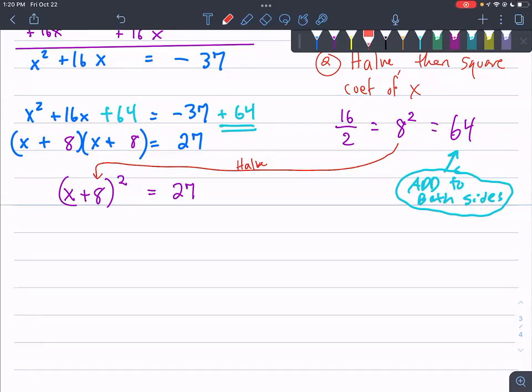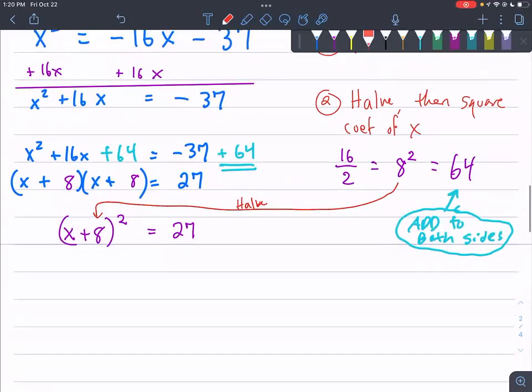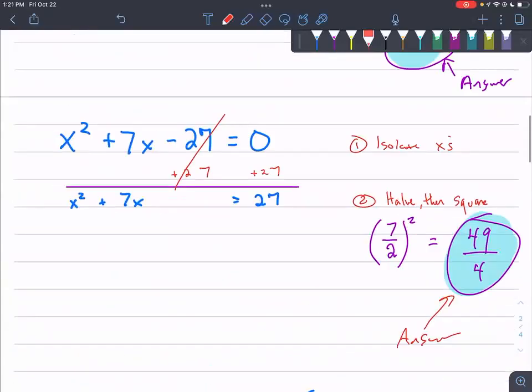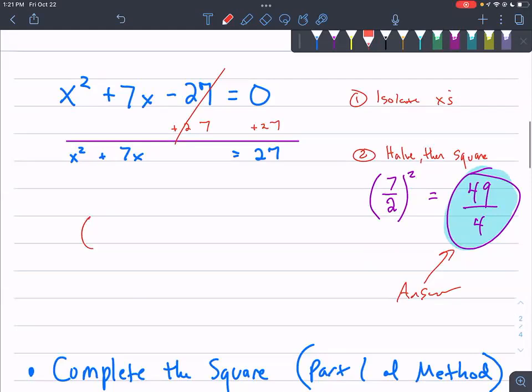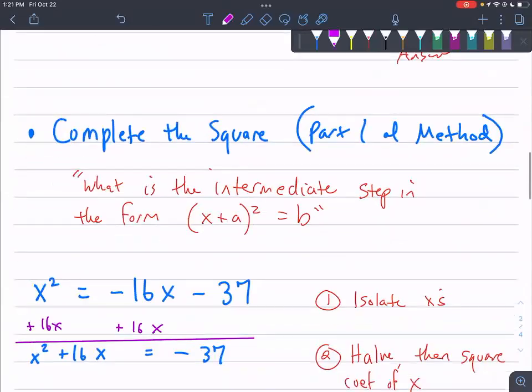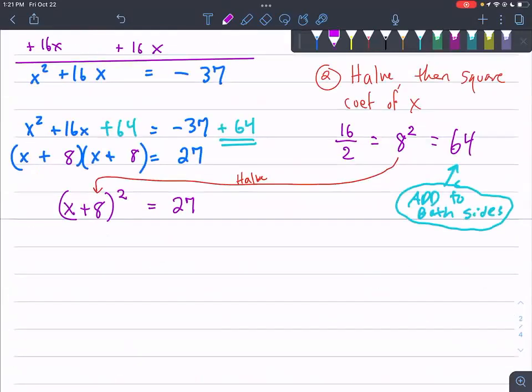So on the previous one, let me go back just a little bit. If we were assuming what this parentheses is going to be, it'd be x plus 7/2, the halved. 7/2 is half of 7. 8 is half of 16.